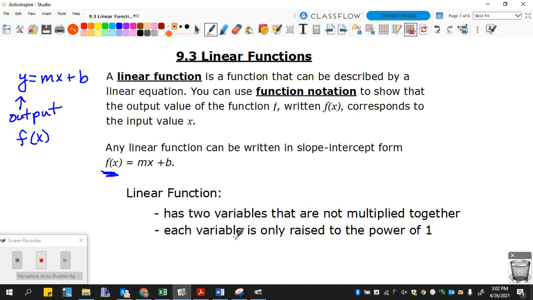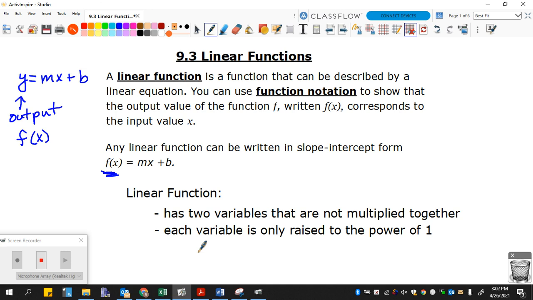Also, each variable is only raised to a power of 1. So you can have y is equal to mx plus b, but you cannot have x squared. You can't say y is equal to 3x squared or anything like that, because that would be raised to a power greater than 1.